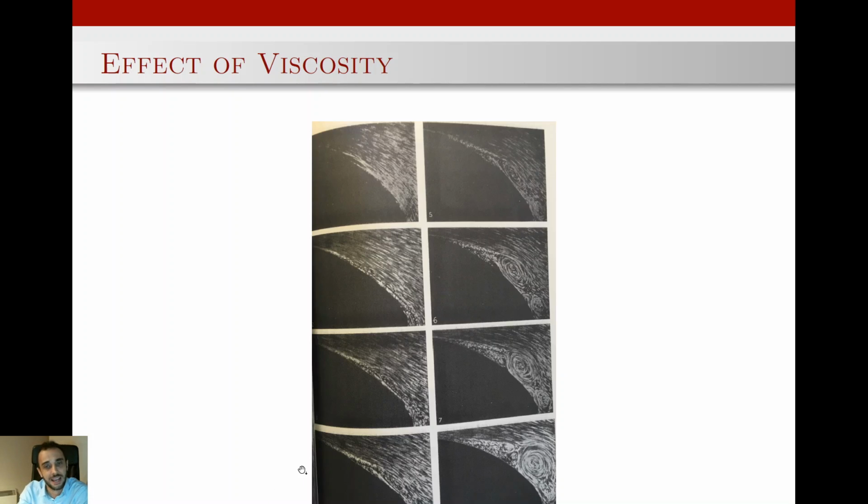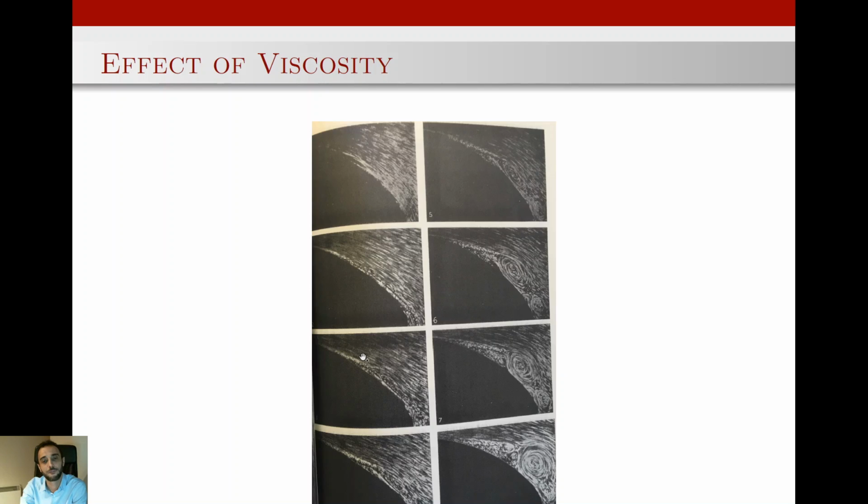We can see near the boundary between the body and the fluid, particles do slow down. Because of the effect of the boundary, fluid particles on the boundary move with the same velocity as the boundary itself. So there will be a layer near the boundary which is called the boundary layer, and that's where the fluid particles move slower than the ambient flow.